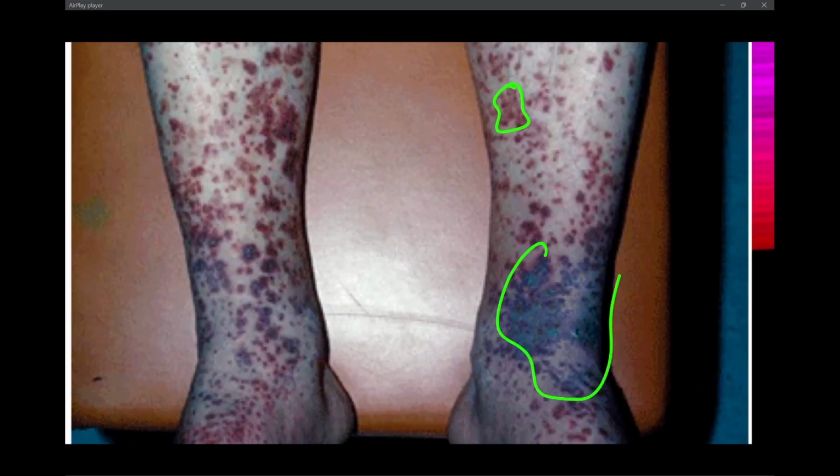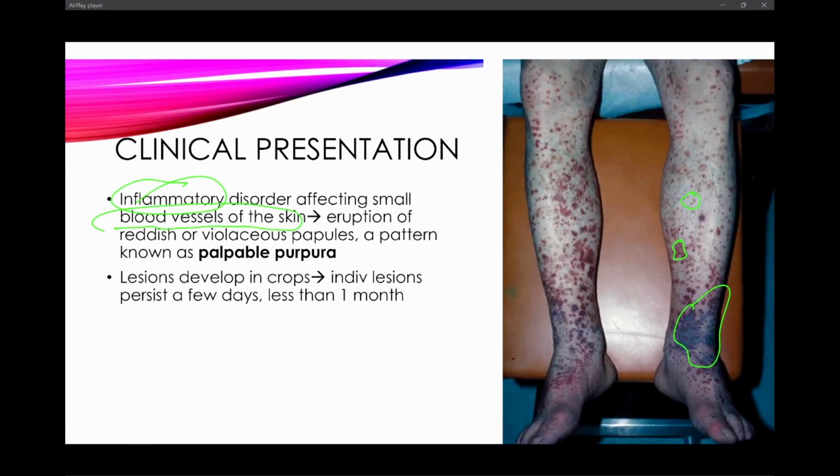Now, this is your ecchymosis. Really big area. It's just a matter of size. Petechiae, purpura, ecchymosis: smallest, medium, large. Okay, so this person's got all of it. So again, vasculitis, palpable purpura. Get that in your mind. Put those together. Vasculitis, palpable purpura.